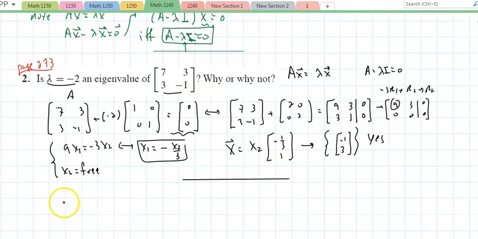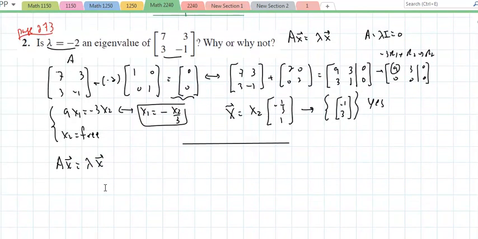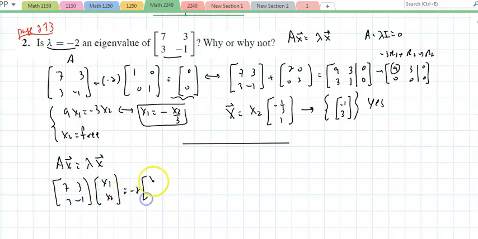To demonstrate this differently, you could have also asked, does Ax equal lambda x? Again, just to show you how this works.